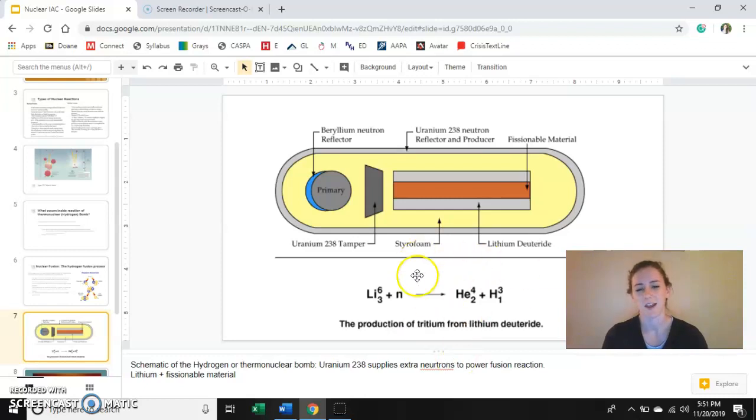So this is the reaction that would occur inside the fusion bomb. Here it shows that they use uranium-238, which supplies the neutrons from the fission reaction to fissionable material.